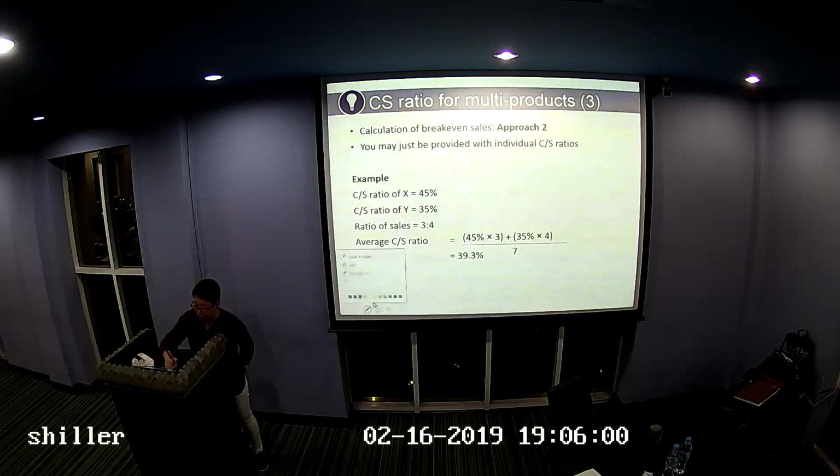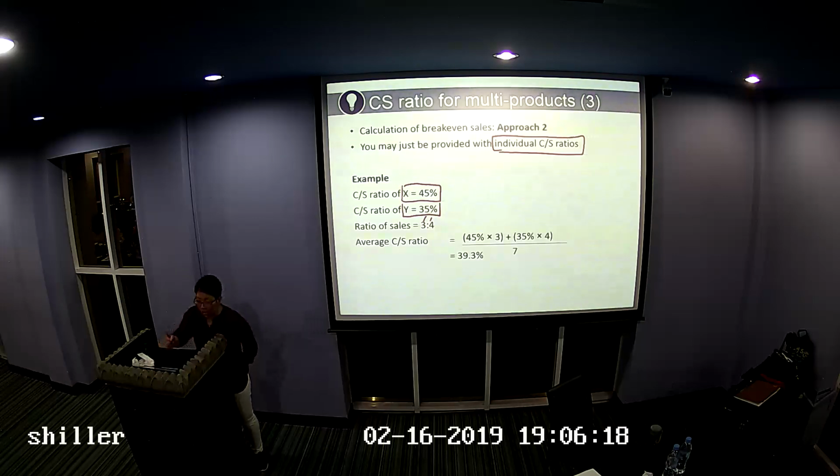It gives you the individual CS ratio, and there are two mixes, 3:4. So this is the CS ratio of X, CS ratio of Y. How do I get average CS ratio?